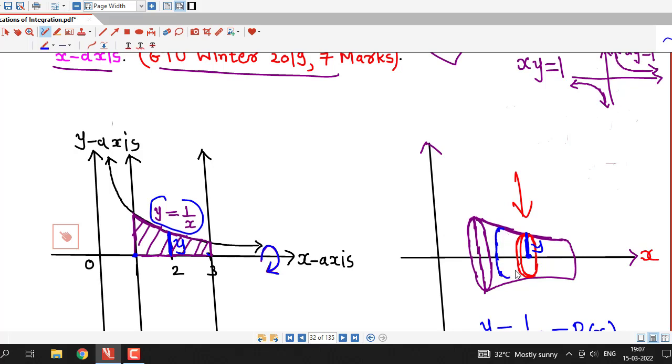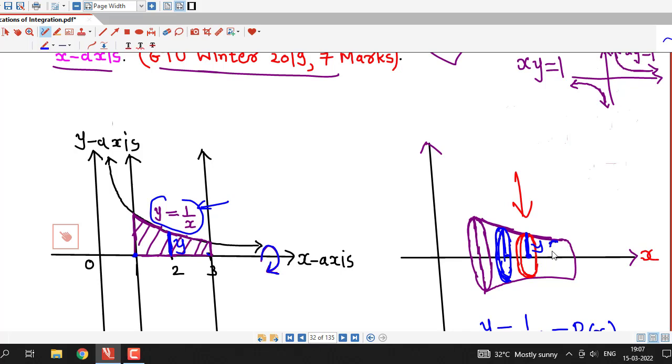So the radius of the disc is variable, it will depend on x. At this point we will have another radius, but it is going to be a function of x given by 1 by x. So for this also the radius is y, which is equal to 1 by x.